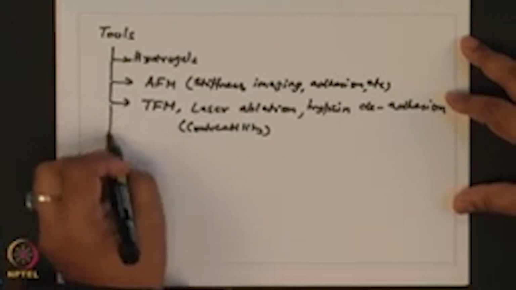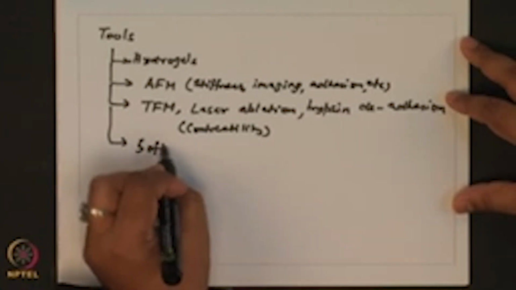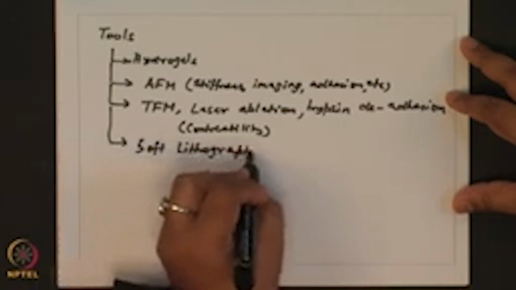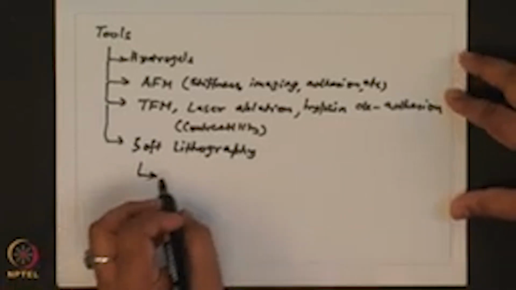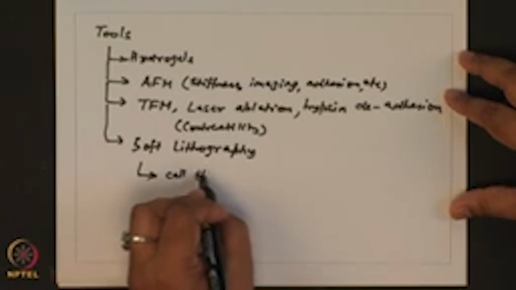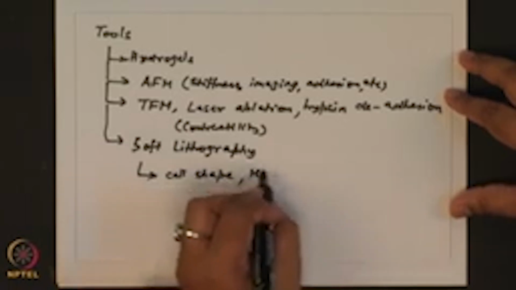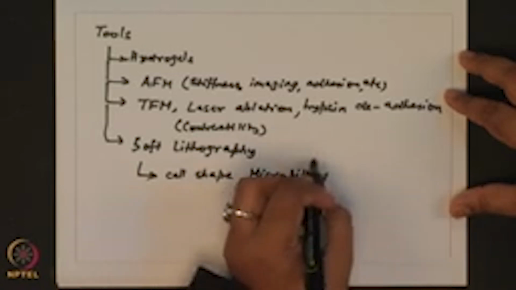And the last class I spoke about soft lithography. Using this you can regulate cell shape, or you can fabricate micropillars for traction as an alternative to TFM.